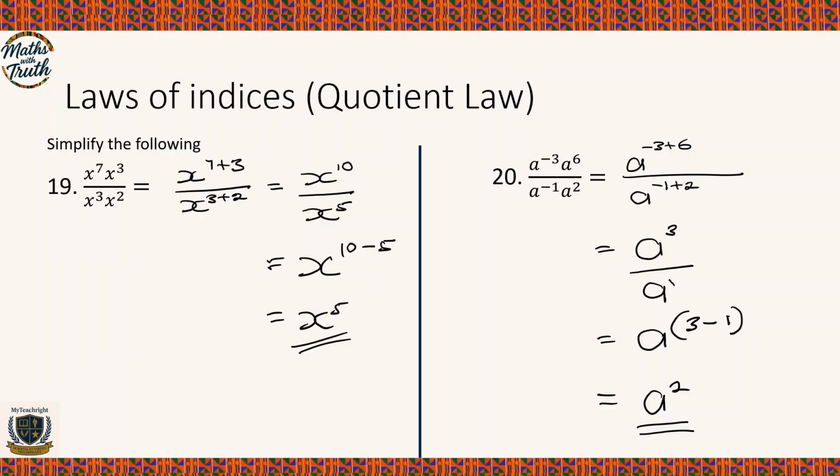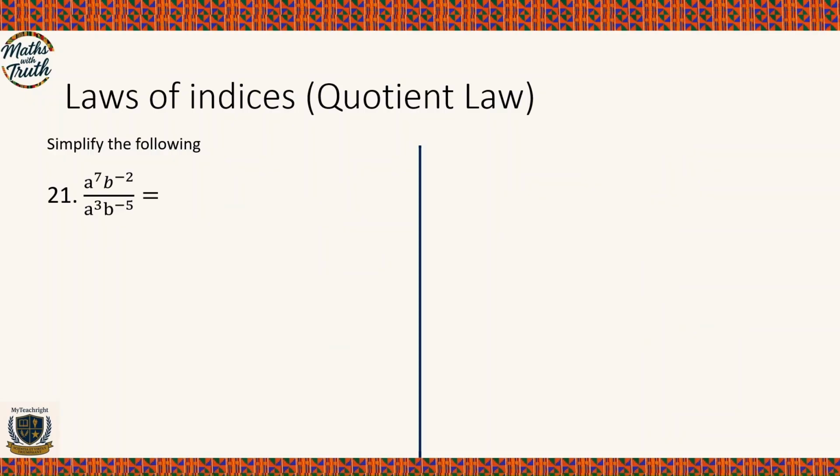Okay, let's go on. So here we have a exponent 7, b exponent -2 divided by a exponent 3, b exponent -5. Now, this one we can see that they don't have the same base, so we don't apply the product law of indices to the numerator or to the denominator. We don't do that.